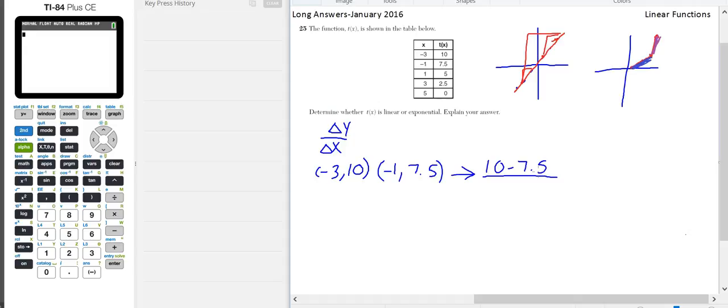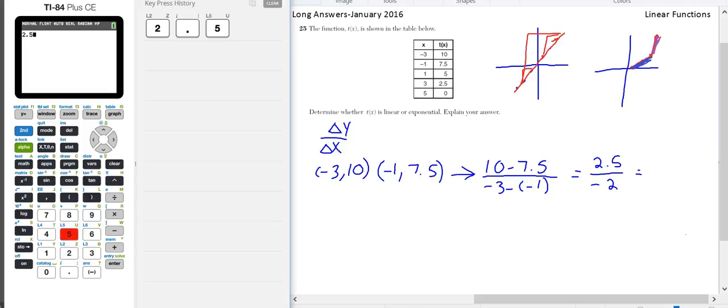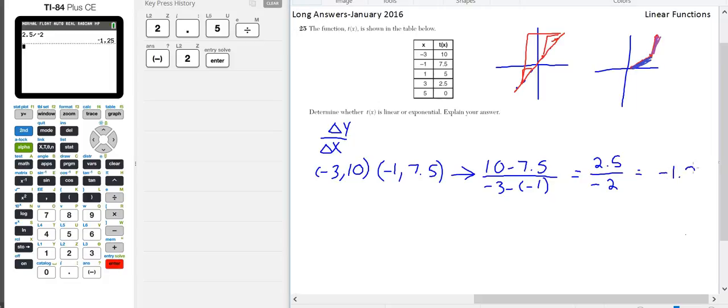The change in our x values is -3 minus -1. 10 minus 7.5 is 2.5. -3 minus -1, or -3 plus 1, is -2. And we can just solve it on the calculator to give it to us as a decimal. 2.5 divided by -2 is -1.25. So this is going to be the slope between the first 2 points.